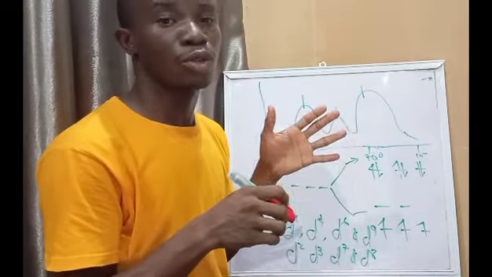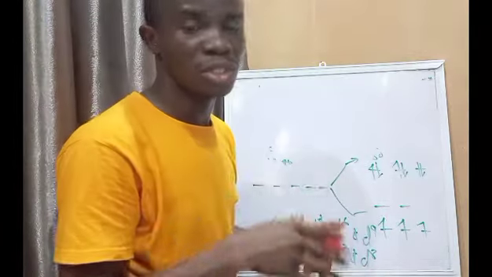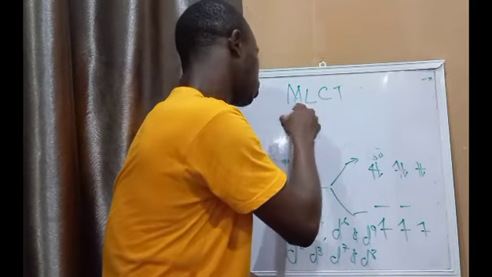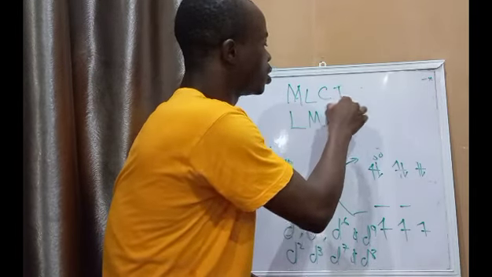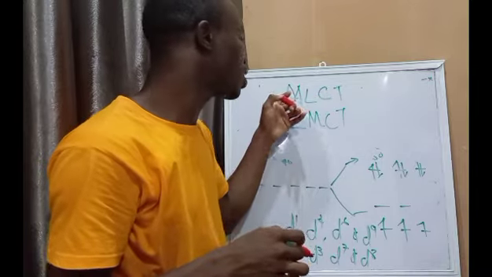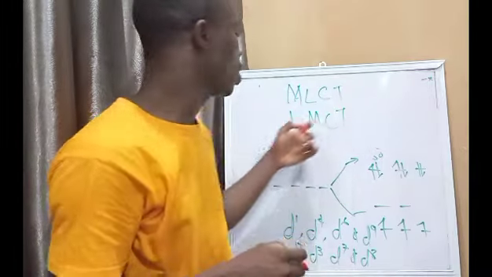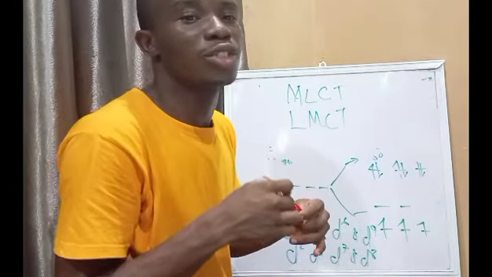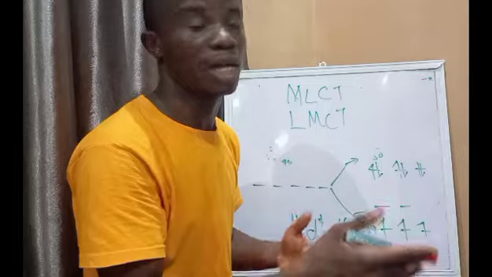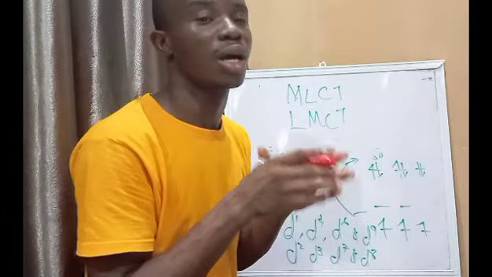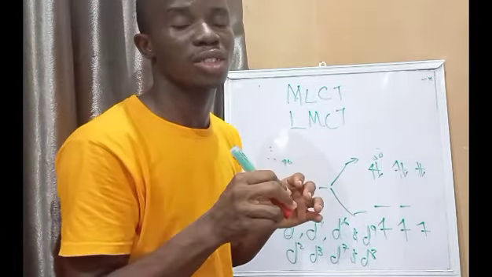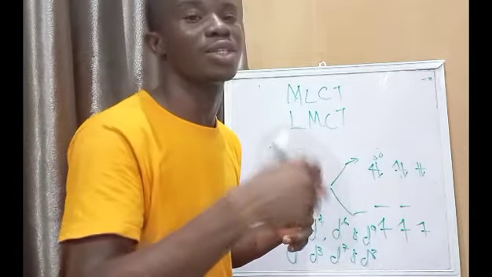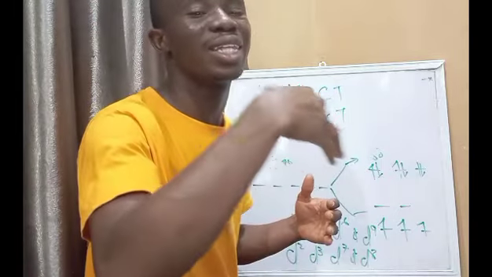And that's why I told us earlier that for transition involving charge transfer, you can have MLCT and you can have LMCT. MLCT implies metal to ligand charge transfer, while LMCT implies ligand to metal charge transfer. So electron transition can occur from the metal to the ligand, and at the same time from the ligand to the metal. Basically, transition involving charge transfer has to do with the oxidizing ability of the metal and the coordinated ligand.